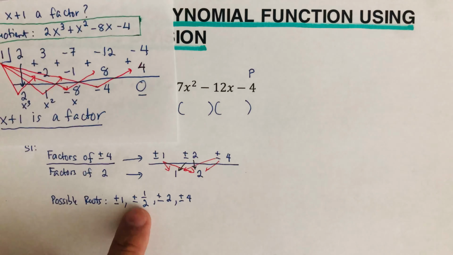Okay, since we get a remainder of 0, we can go ahead and say that x plus 2 is a factor. And then the quotient would be, since this is to the third power, this means that this is to the second power.